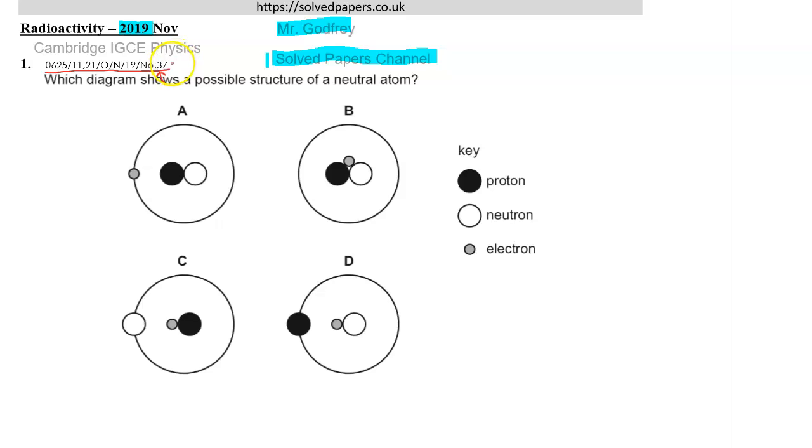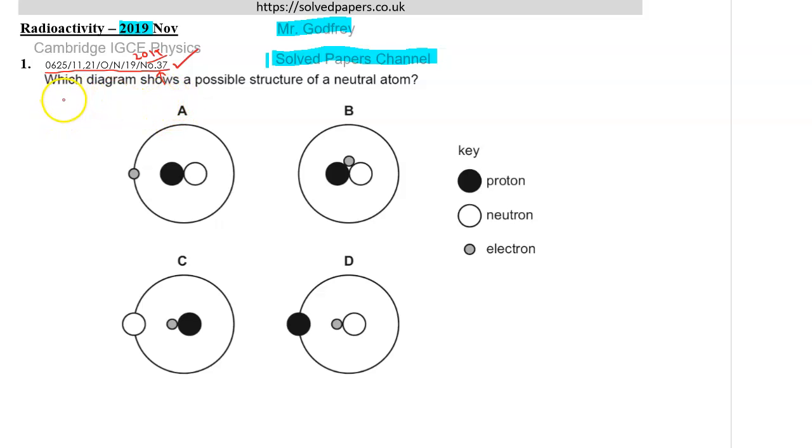So in every question, I give you the paper in which the question appeared and what number that question is. 19 here means 2019. So with that in mind, you can refer and get to know what question this was and what paper it was set.